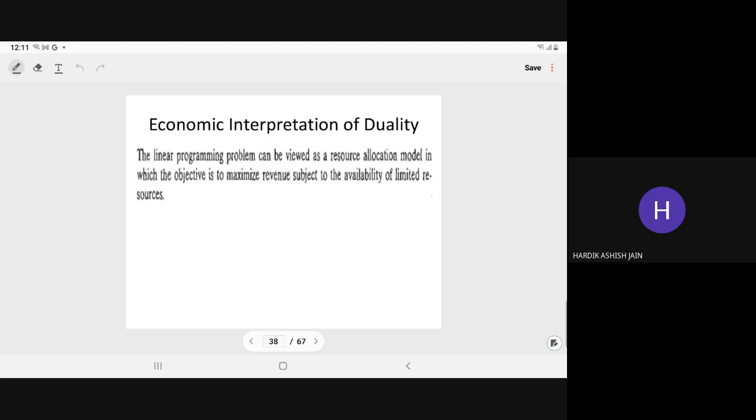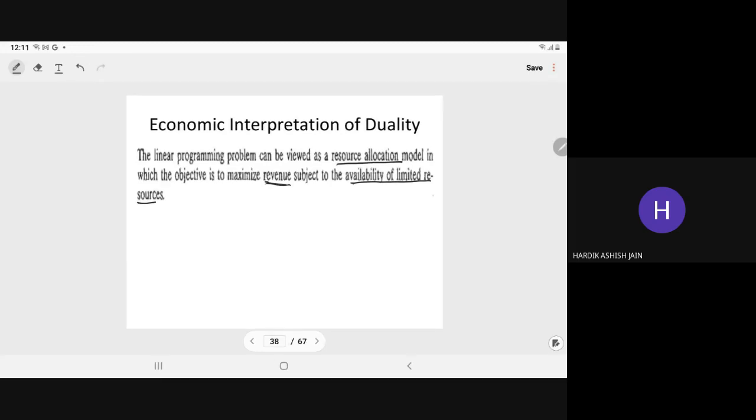So a linear program can be viewed as a resource allocation model. Here we allocate the available resources, in which the objective is to maximize the revenue so that profit should be the maximum, subject to availability of limited resources.